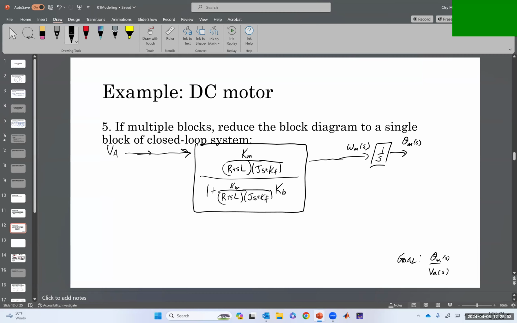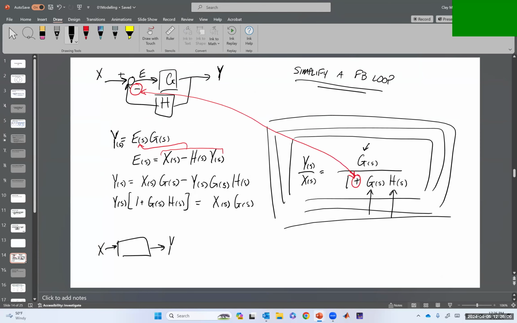That feedback doesn't change the units of anything, like the omega m. Yeah, because over here, X was in, X is still in, Y was out, Y was still out. X and Y haven't been touched. It's just the stuff between them.